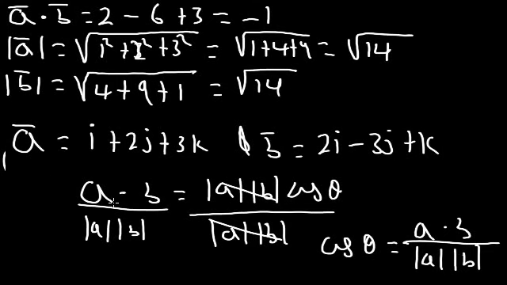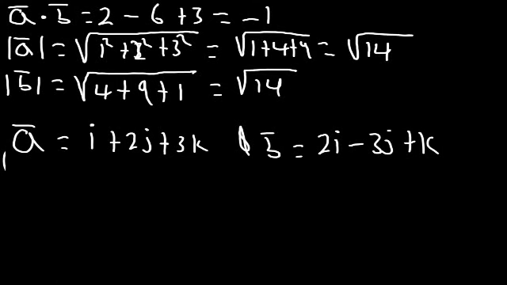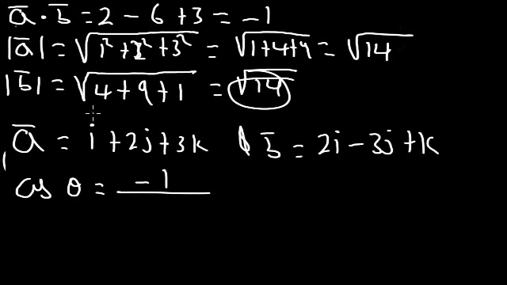Perfect. So now we can determine the angle. Cosine theta is equal to A dot B, which is negative 1, divided by the product of the two magnitudes, the root of 14 multiplied by the root of 14.